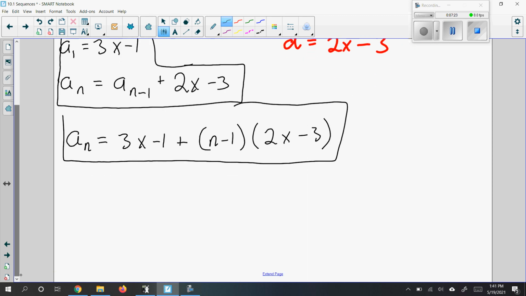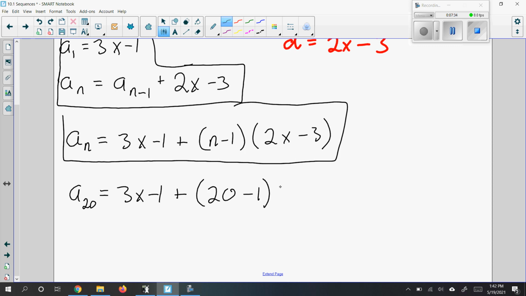Now let's find the 20th term in the sequence. And we'll just plug in 20 for n. So this is 19, and so we'll distribute the 19.